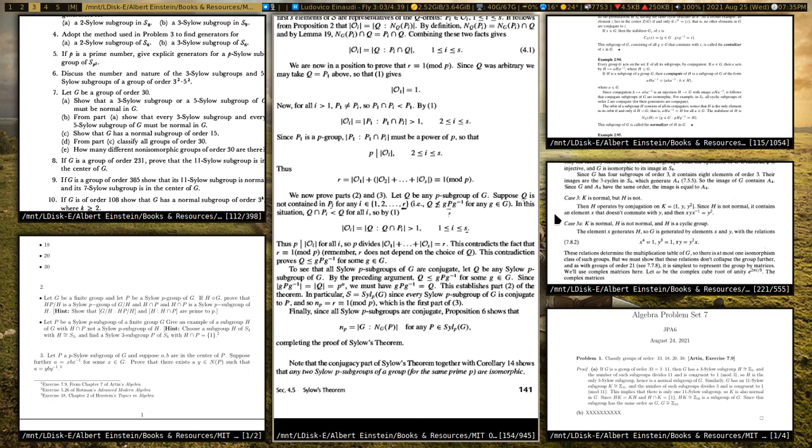That's why there would have to be a Z in the centralizer of A, so that Z P Z inverse equals X P X inverse.